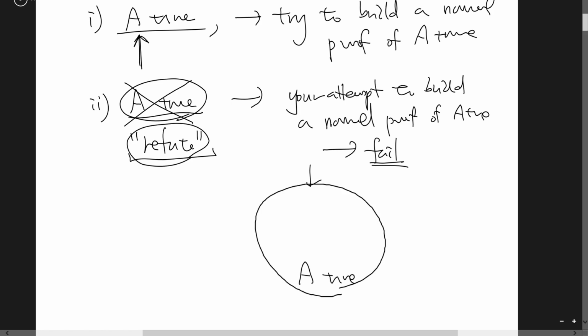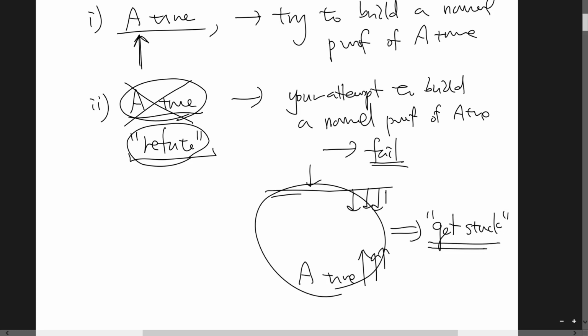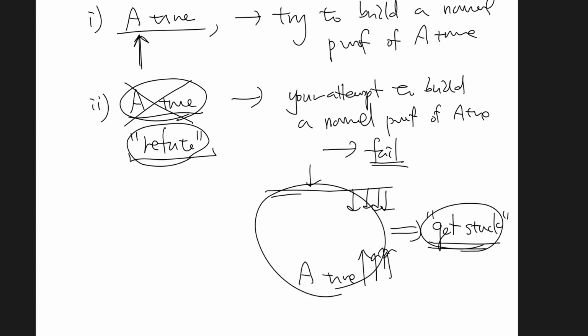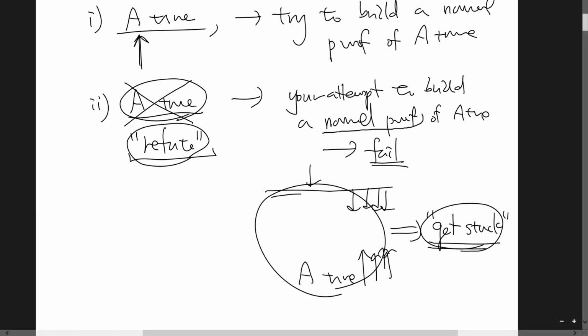So as a result, in order to refute A true, try to build a normal proof of A true, like moving upward by applying introduction rules, and then moving downward, starting from these hypotheses, and show that your attempt eventually gets stuck. If you can show that this attempt eventually gets stuck, then you have shown that you can never build a normal proof.